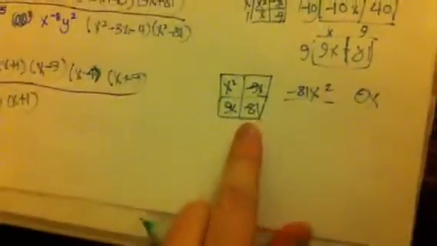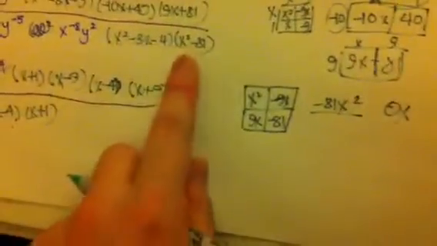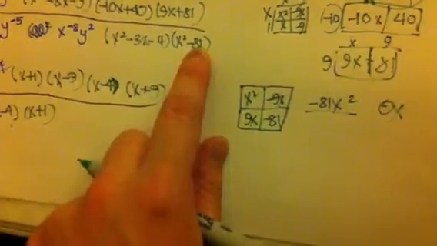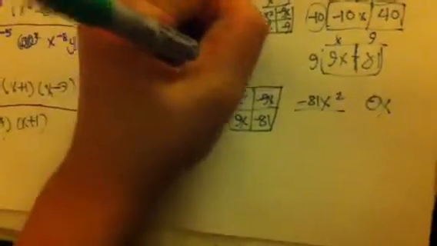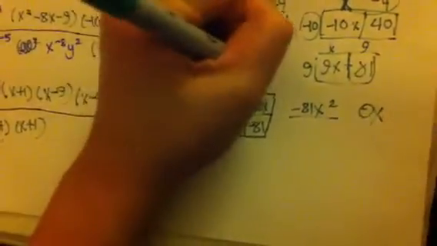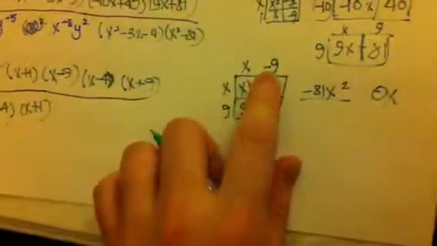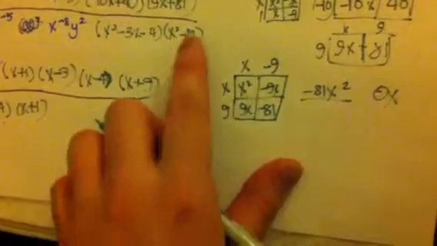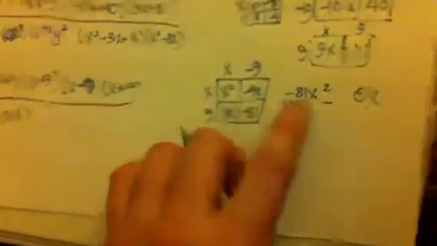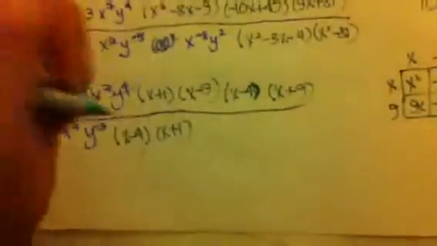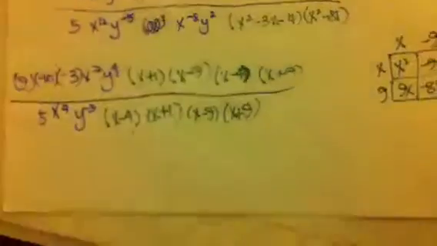So remember, the shortcut is that you take the square root of the first one and the square root of the second one, and you have one that's minus, one that's plus, because then when you multiply them, it gives you negative 81, but when you add them, it gives you 0. All right, look over here, x minus 9 times x plus 9.